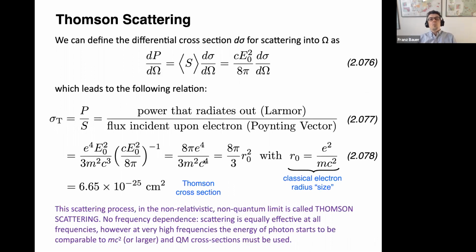Okay, so ultimately what we can divide this up into is two portions. One portion is the average flux, which was incident upon the electron, but also is being emitted by the electron. And then some cross-section as a function of solid angle.